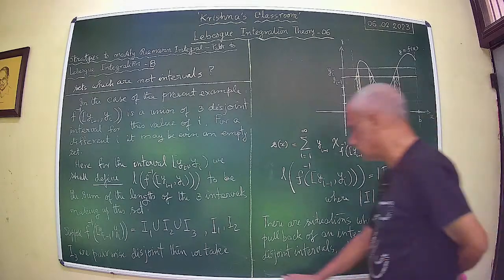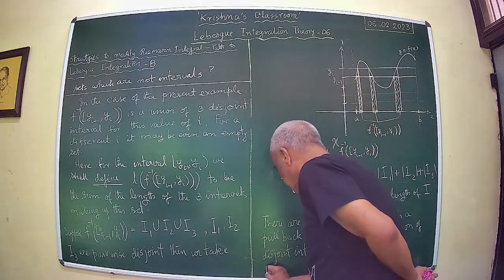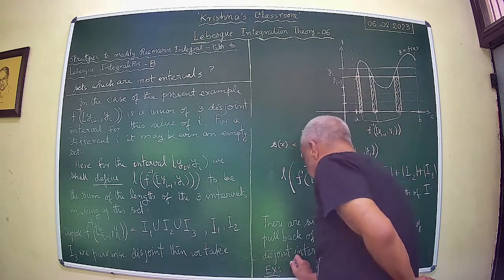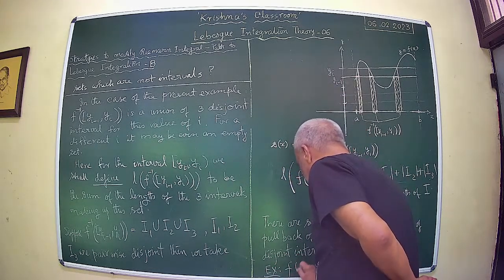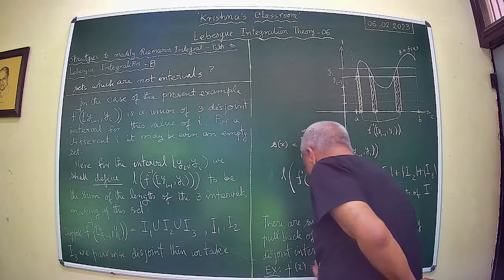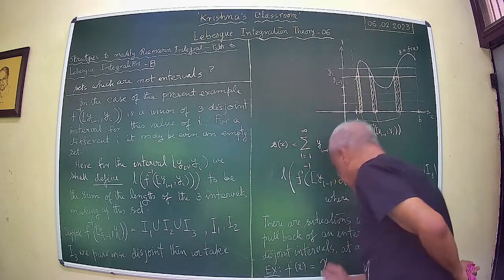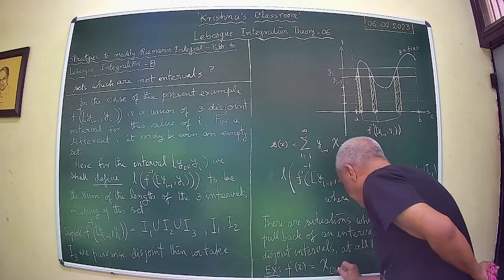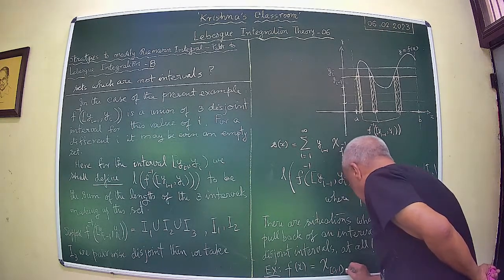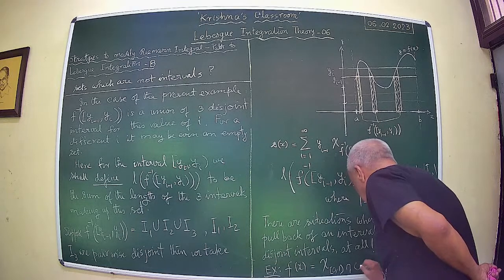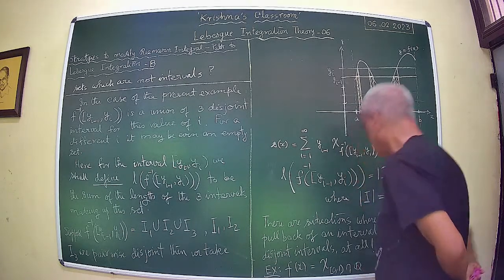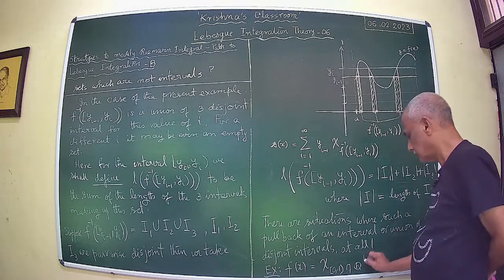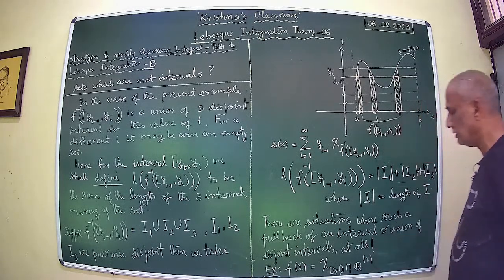For example, this we have considered last time. Consider f to be equal to the characteristic function of 0, 1 intersection Q. What is this function?